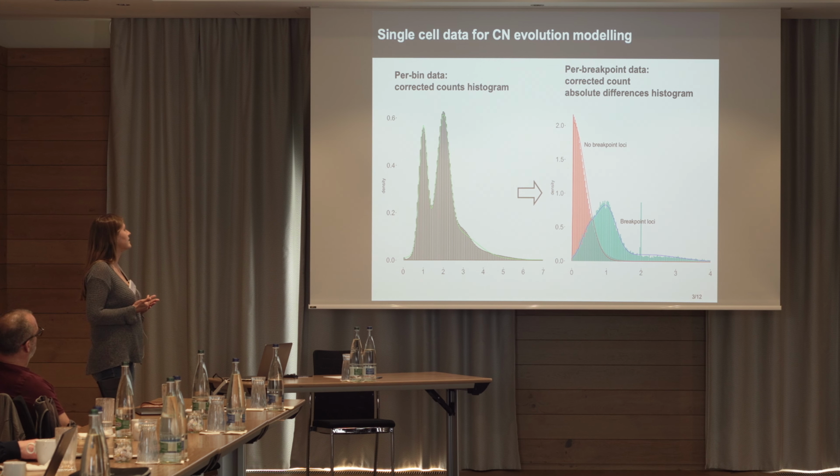And obviously, the expected value for this truncated normal distribution is 0. And then the blue part are the differences for the loci where we expect breakpoints. And this is also a mixed normal distribution with the most prominent component being equal to 1. And so this is quite obvious from the histogram of the per-bin data. Probably we had deletions from copy number 2 to copy number 1.